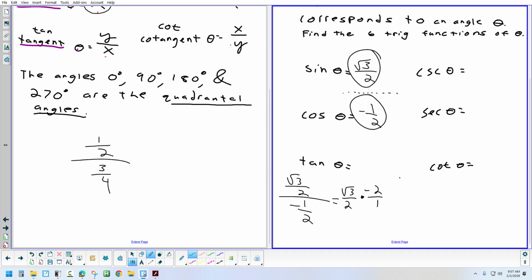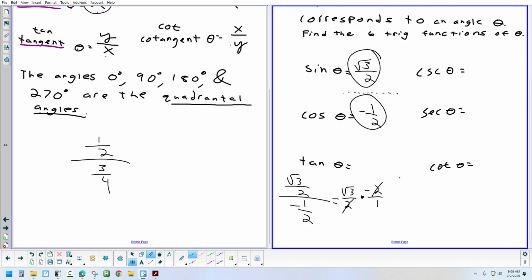And what's going to happen there when we multiply? So if we multiply straight across, we could do that, but there's something that might happen first. Right, the 2's cancel out, because we have a 2 in the top and a 2 in the bottom.